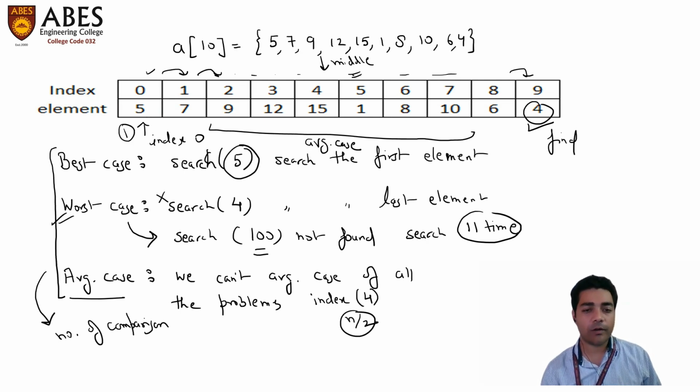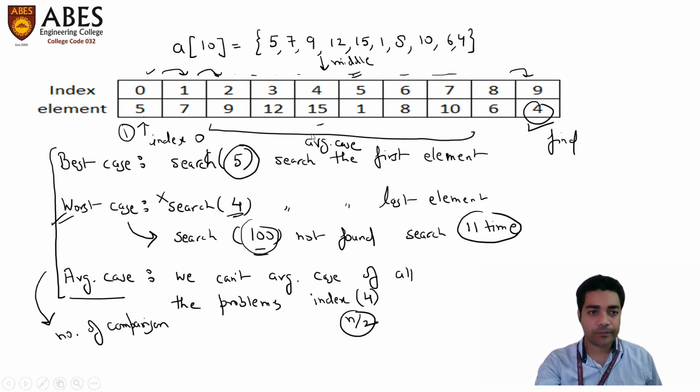When we searched for 4, we did 10 comparisons with 5, 7, 9, 12, 15, 1, 8, 10, 6, 4. And when we searched 100, we did 11 comparisons. The 11th part was not there, so we exited. In the average case, we did half the comparisons.